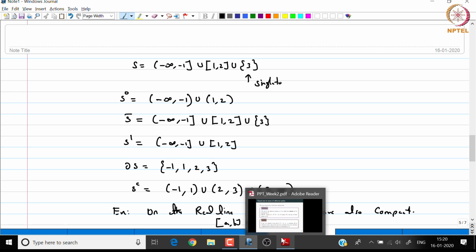Now, a natural question is, there are two questions that arise. Are there sets which are neither open nor closed? That is the first question. Then the second question is, are there sets which are both open and closed?